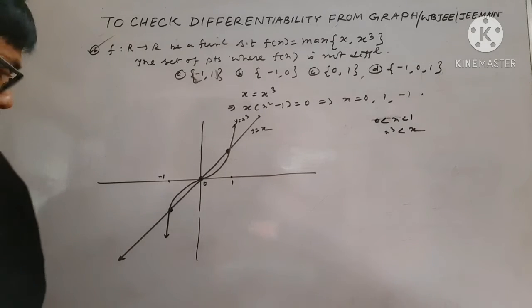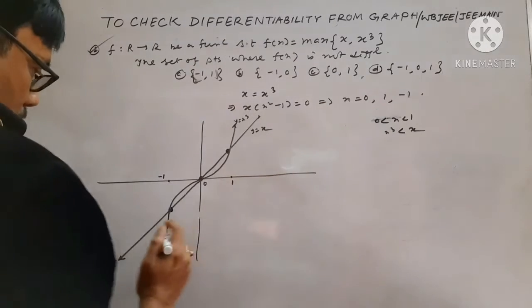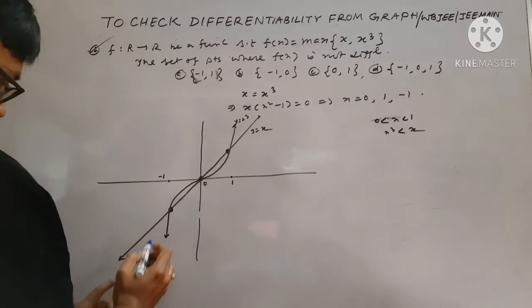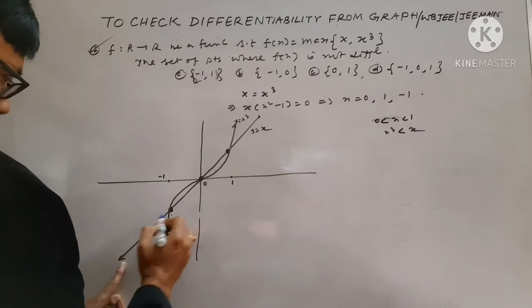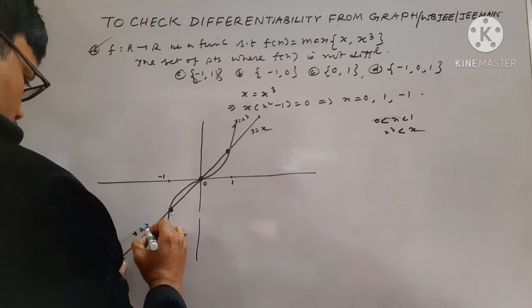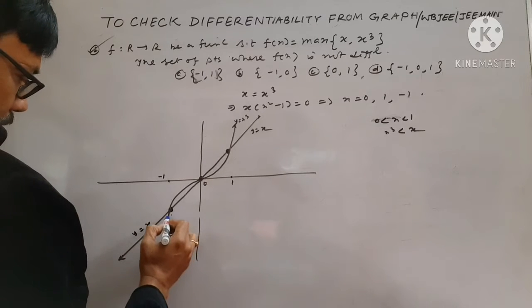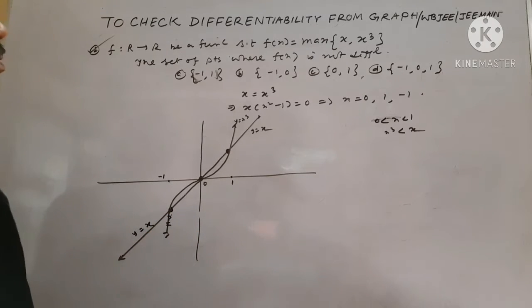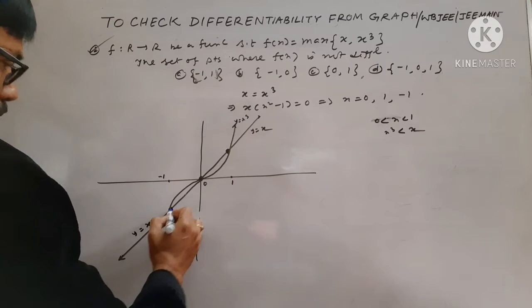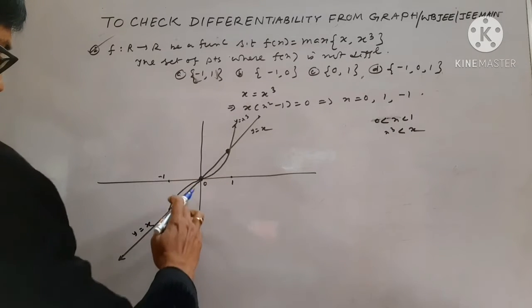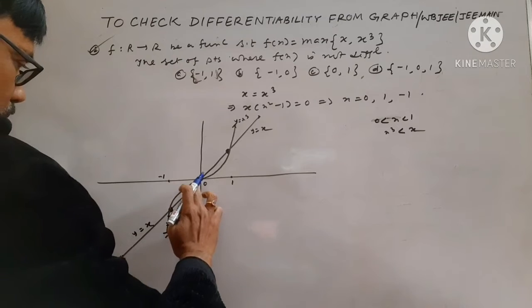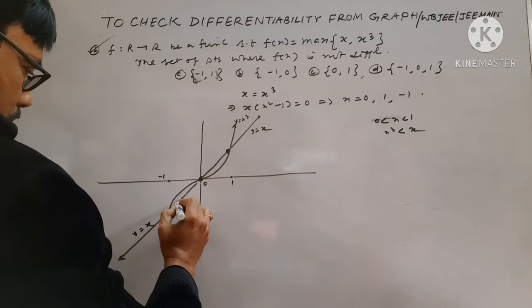Now look at less than minus 1. Two graphs, this and this. So this is the maximum, this is y equals x. This part is not present. Between minus 1 to 0, this one is maximum, so this part is absent.